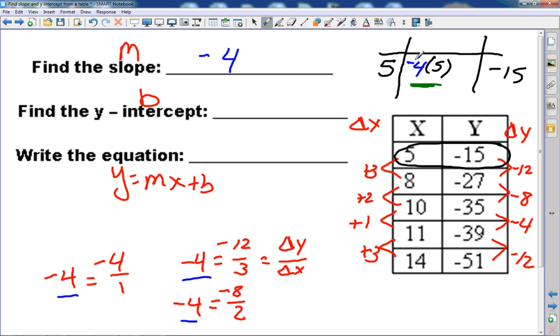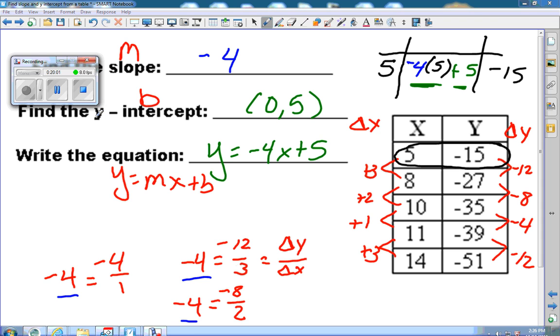What do you need to do to -20 to get to -15? You need to add 5. That right here is my y-intercept, 0, 5. Now my equation, y equals m is -4, x plus the y-intercept, which is 5.